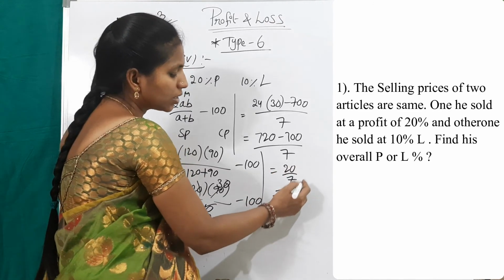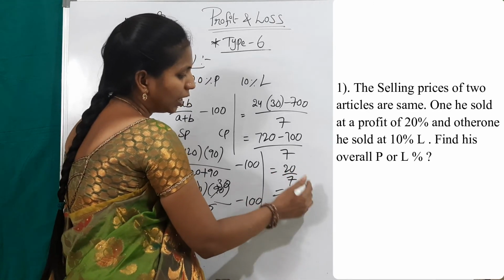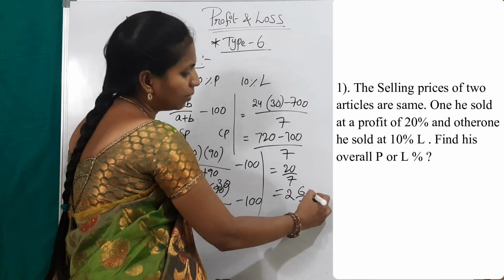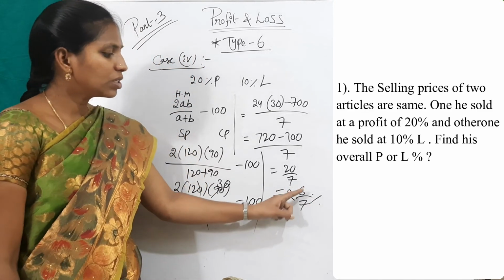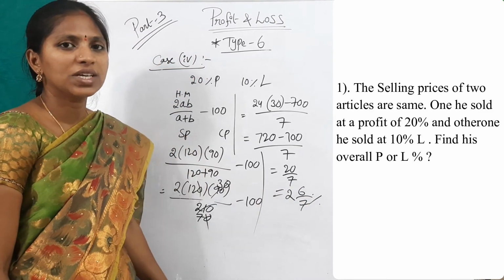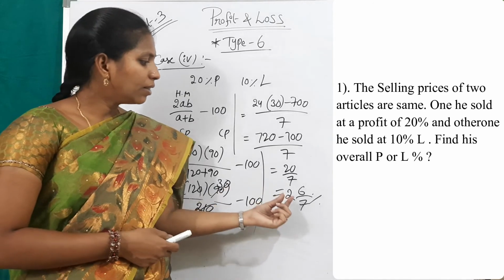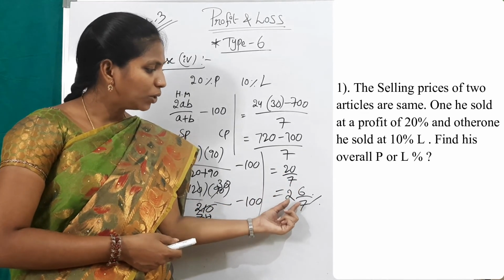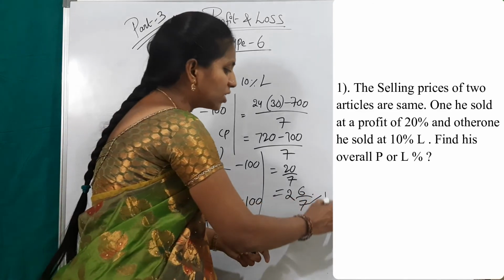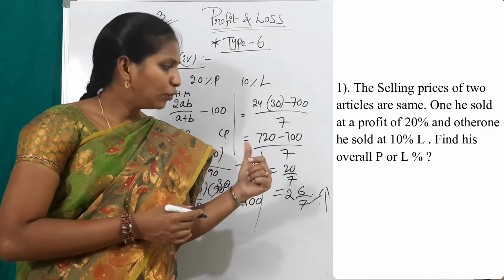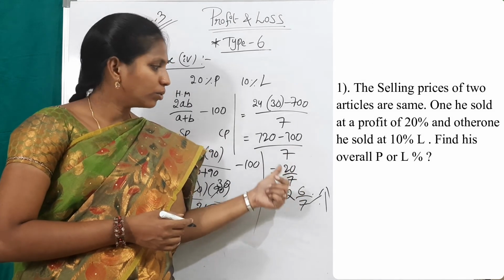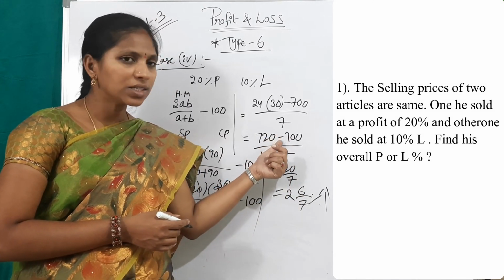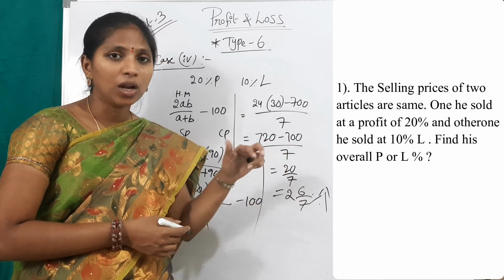What is the final result? 2 times cancelled, and 6 by 7%. 6 by 7% is the result. Here 20 by 7 is a positive value, that's why 6 by 7% profit. If you get a negative value, if the difference between these two is negative, then there will be loss.